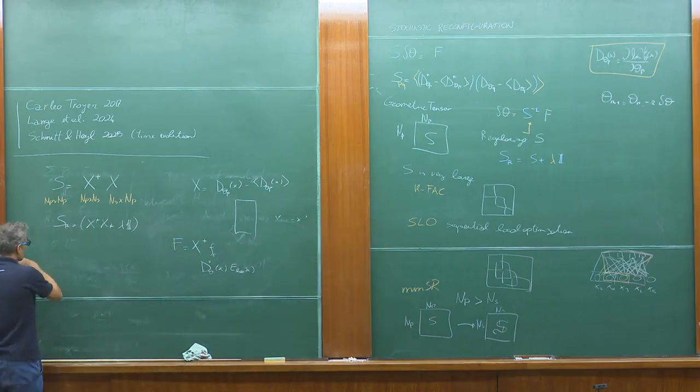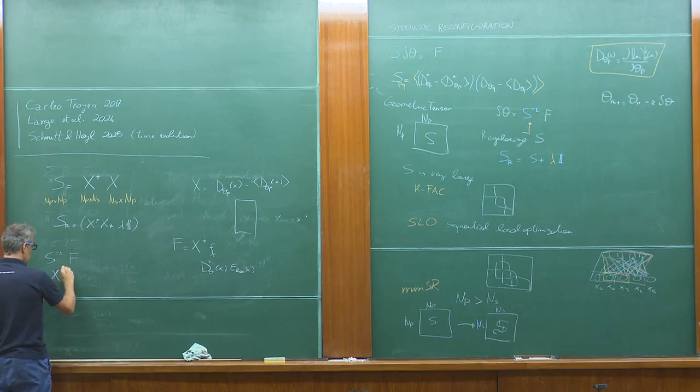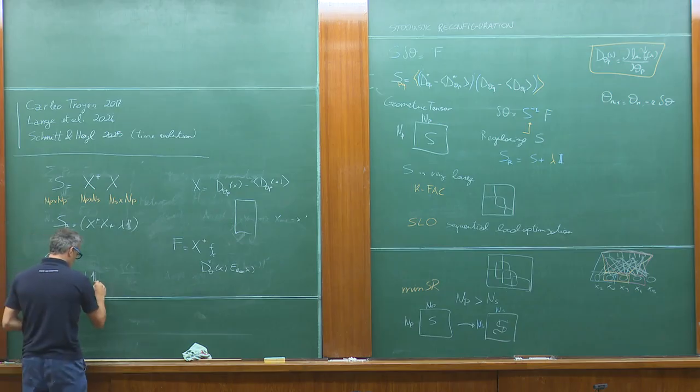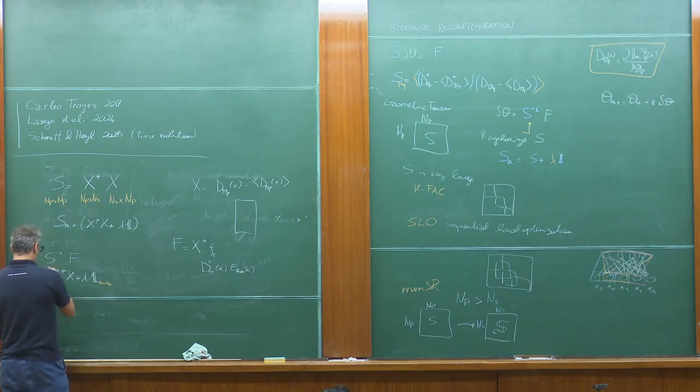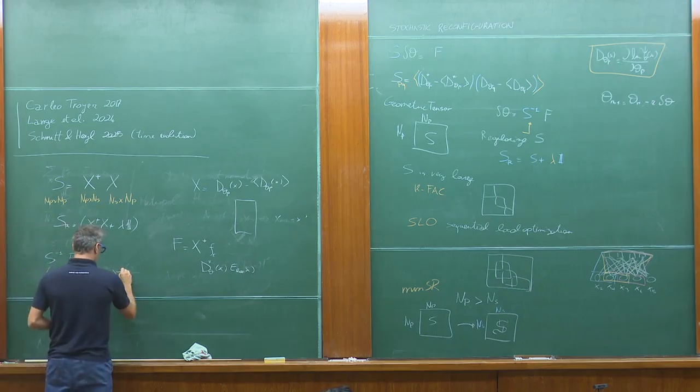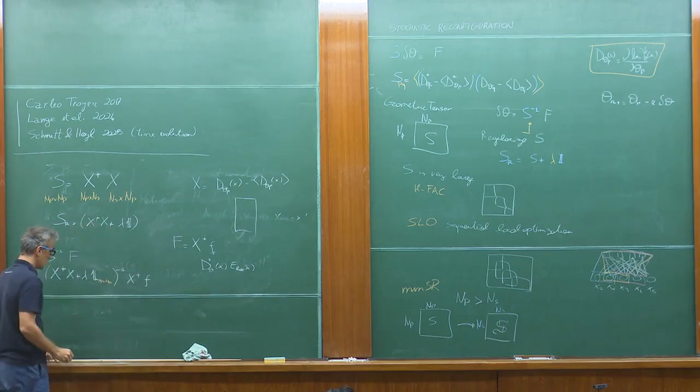Okay, so now I need to do S minus 1 times F. S minus 1 means doing X dagger X plus lambda I, and to be precise, let me write this lambda I as NP times NP. I hope you can see it. And then minus 1 times X dagger F. Okay.